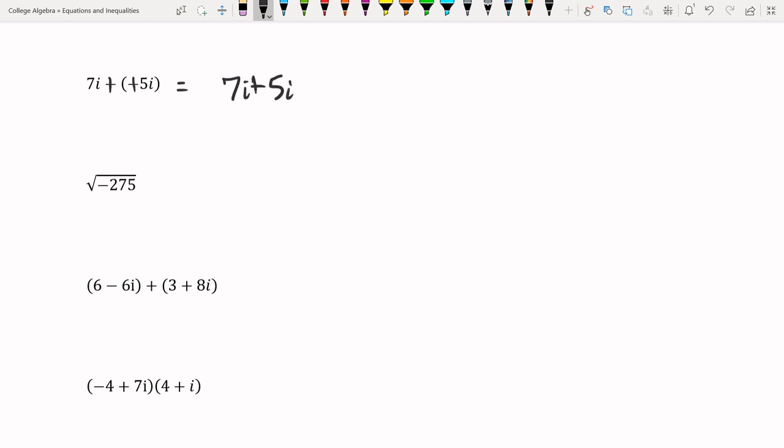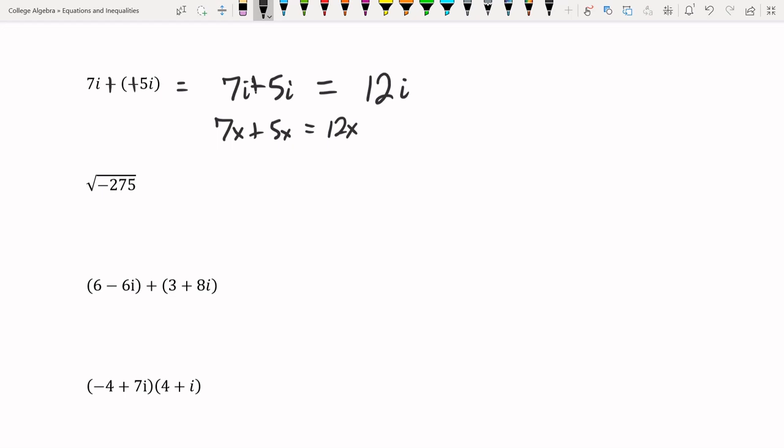And these are like terms. They have the same, quote unquote, variable part, the i. So all we have to do here is add the numbers in front, and we get 12i. Just like you'd think of 7x plus 5x equals 12x. The same idea. i is just, think of it like a variable term, though we know exactly what its value is.